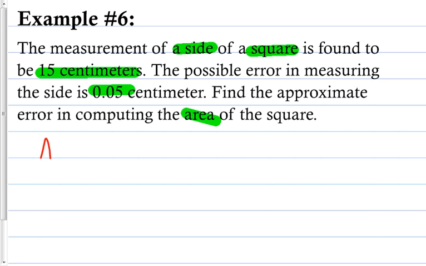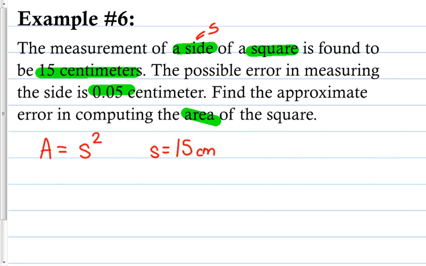All right, area of a square is length times width. Squares, all of their sides are the same, so I'm going to stick with the letter S. So S squared. They're telling me that the side is 15 centimeters.